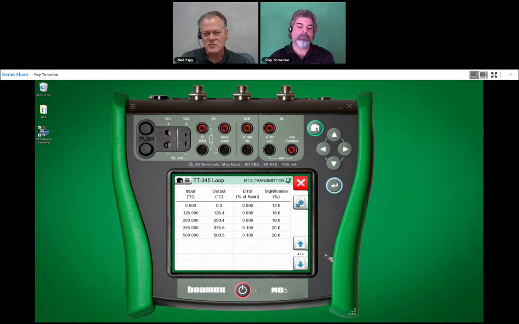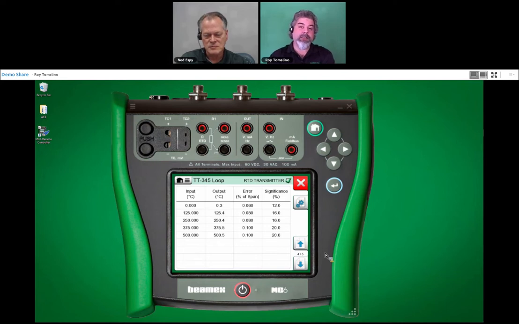You're testing the whole measurement system in one shot. And if the loop does need adjustment, then you do have to break it down and look at the different elements. So in your example, you could either replace the probe, calibrate the transmitter, and also check the 4 to 20 input and see if it's on spot.